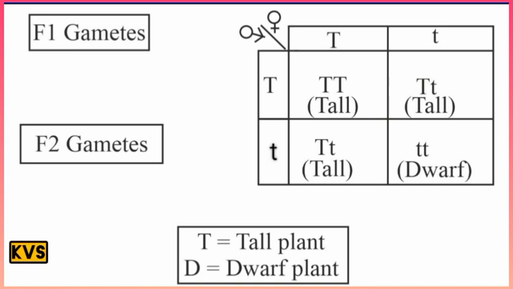But in the F2 generation, the second generation, there are tall plants, but others are short, meaning dwarf, tt. Capital T is the tall plant and small t is the dwarf plant. That's important for the exam. The ratio obtained is 3:1, for phenotype and genotype.